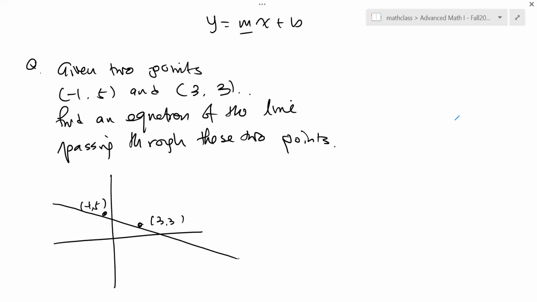Step 1, you have to find the slope. The slope is the difference of the y coordinates. It doesn't matter which one is first. The left one is first: 5 minus 3, over the difference of the x coordinates, -1 minus 3. So that'll be 2 over -4, which is -1/2.